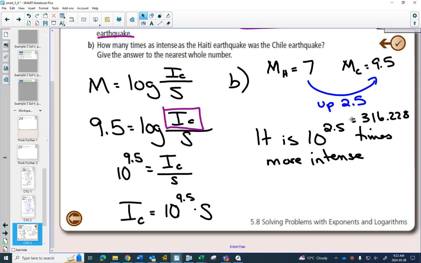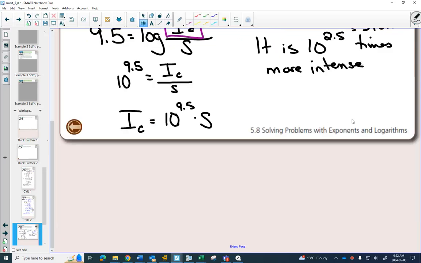If you were doing it the other way, we found the intensity of Chile in part A. You could have done the exact same math to find the intensity of Haiti. If you want to compare how many times bigger one thing is over another, you have to divide them.